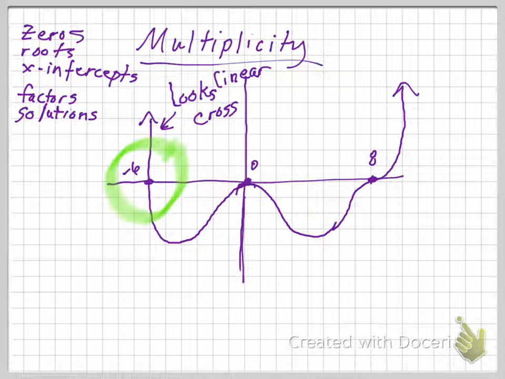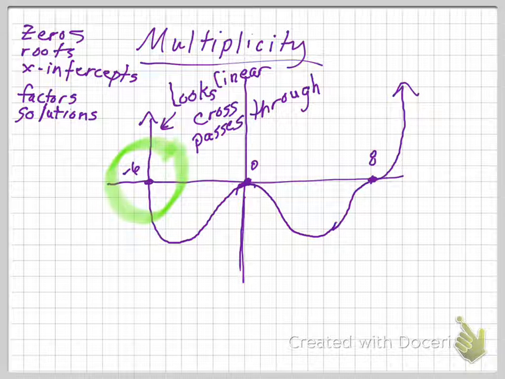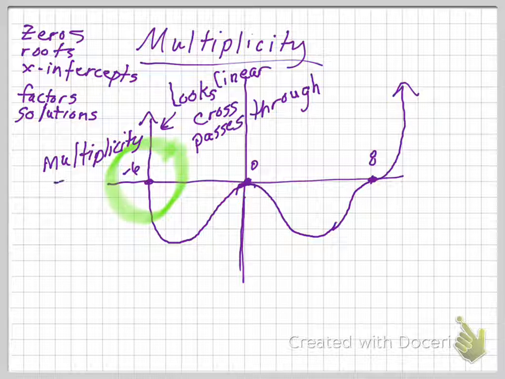Usually when I teach this with my own terminology, I just say it passes through. So it crosses, it passes through, it looks linear. All of that is multiplicity equal to 1.